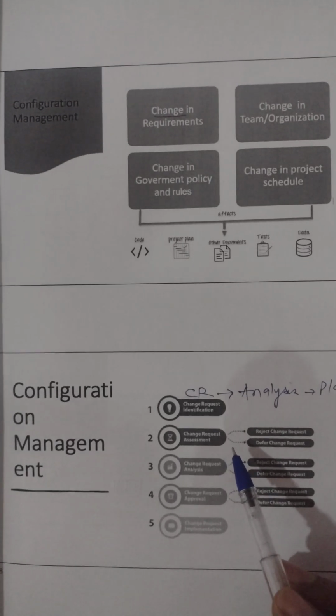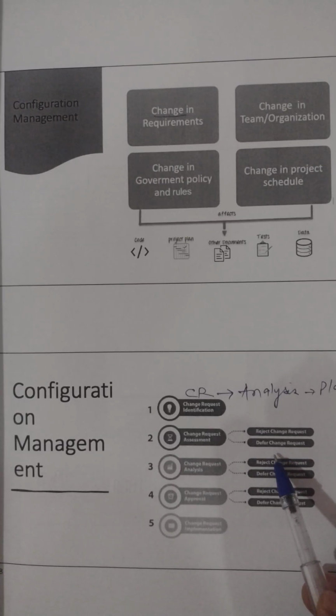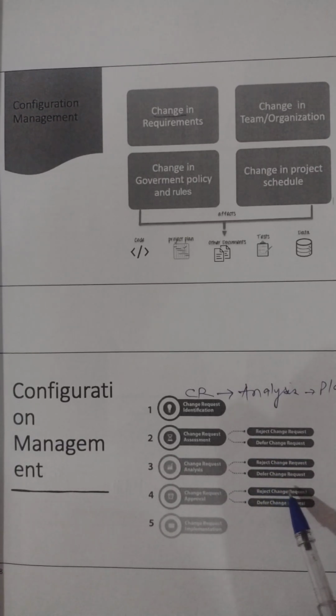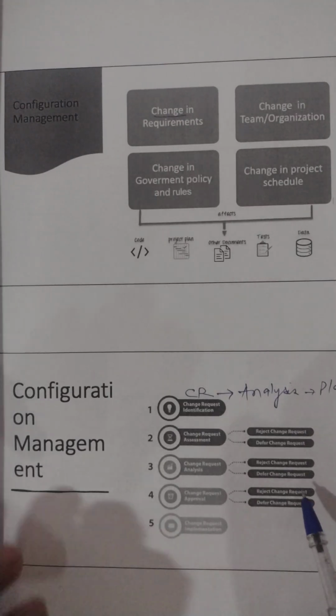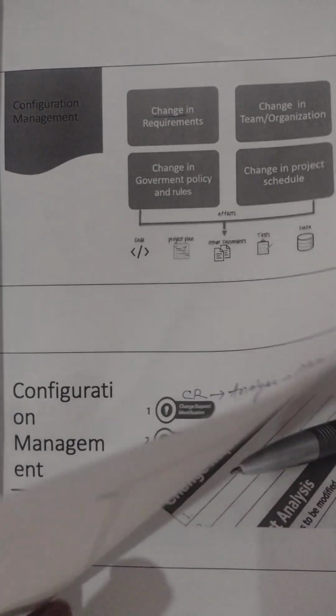In change request assessment, we can accept it, we can reject it, or we can defer the change request. And during analysis also, again the same thing: we can reject, defer or accept.